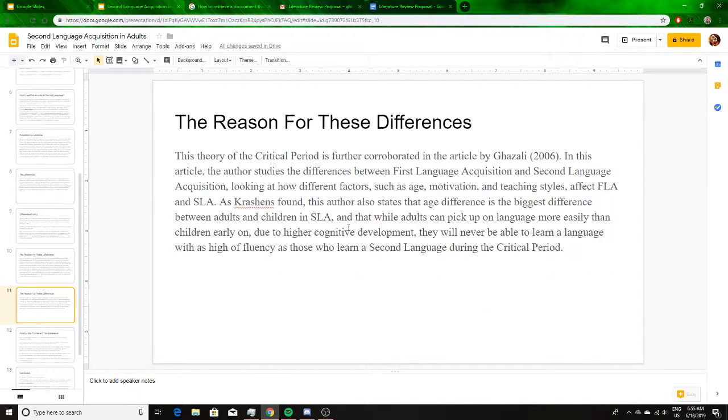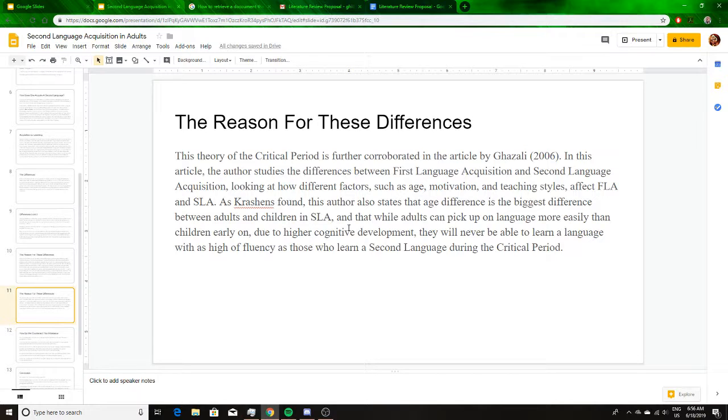And this is further corroborated in the article by Ghazali. In this article, the author studies the differences between first language acquisition and second language acquisition, looking at different factors such as age, motivation, and teaching styles, and how they affect FLA, first language acquisition, and SLA.